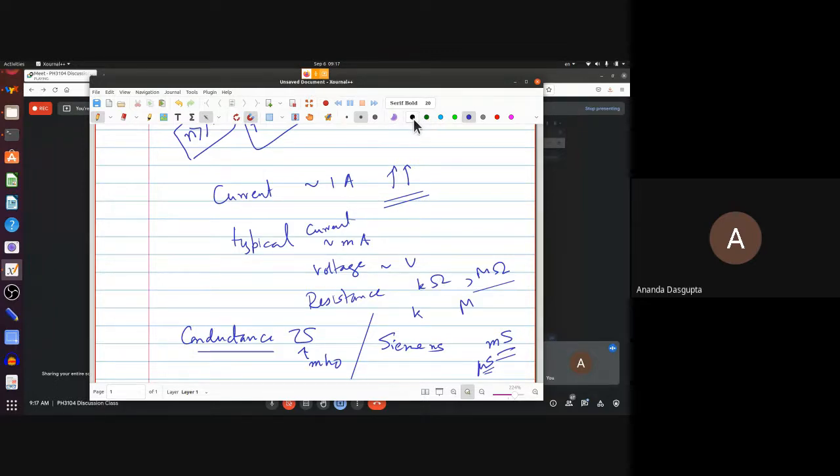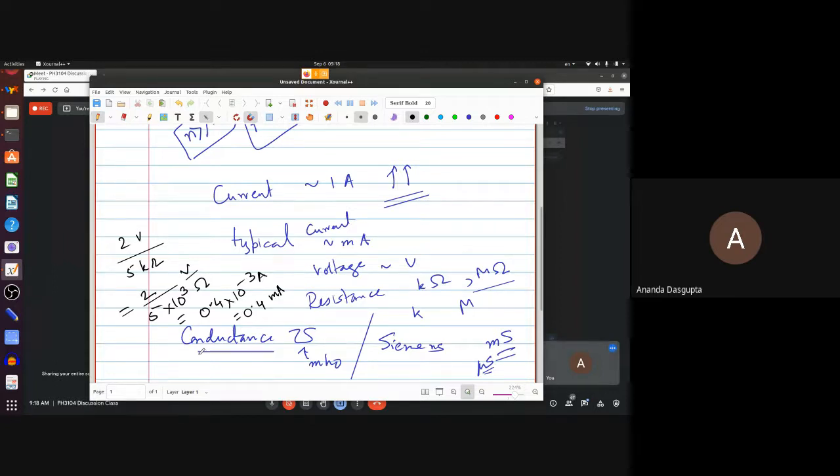But if in your final workings or in your exam, I see somebody divide, say, 2 volts by 5 kilo ohms and write 0.4 into 10 to the minus 3 amperes, hence 0.4 milliamperes, well, I'm not saying that I will deduct marks for that, but it will be very hard for me not to deduct marks for that.